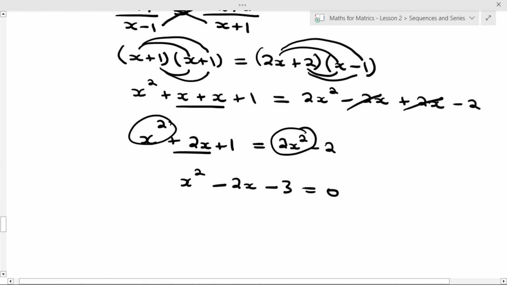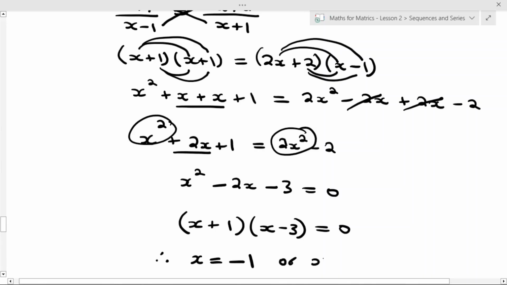Now, let's factorize the trinomial. X plus 1 in brackets, times x minus 3 in brackets is equal to 0. Therefore, x is equal to minus 1, or x is equal to 3.